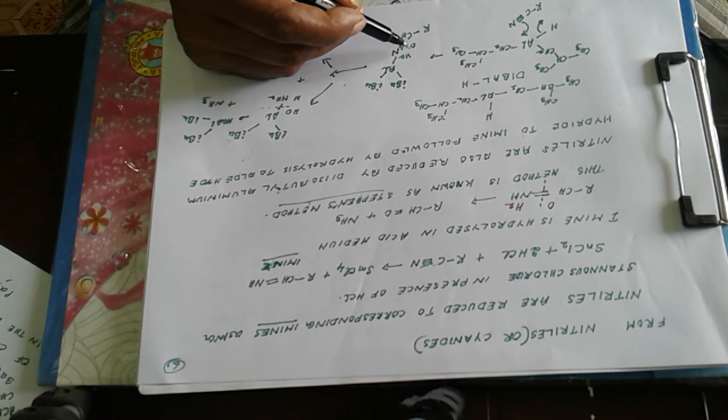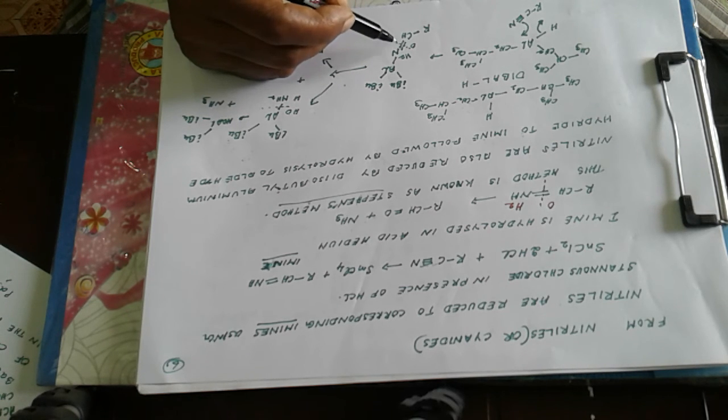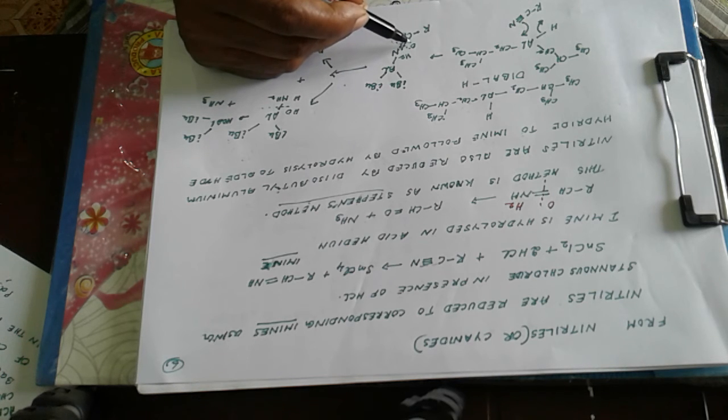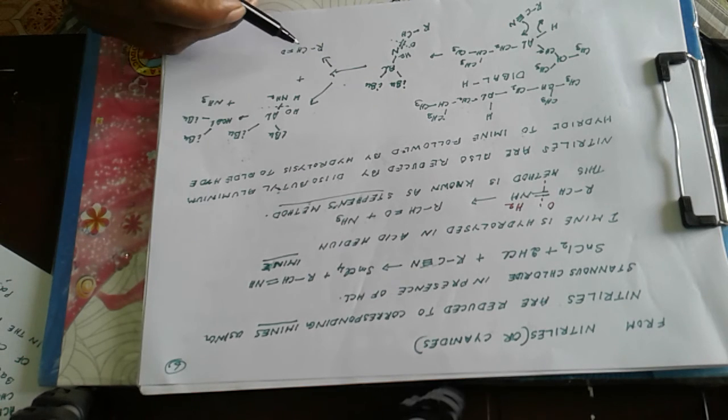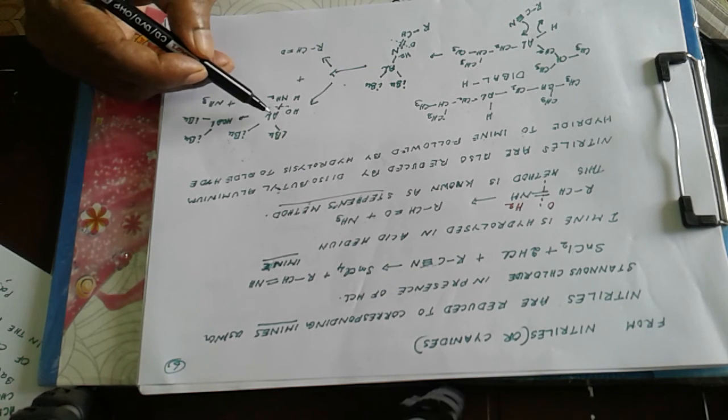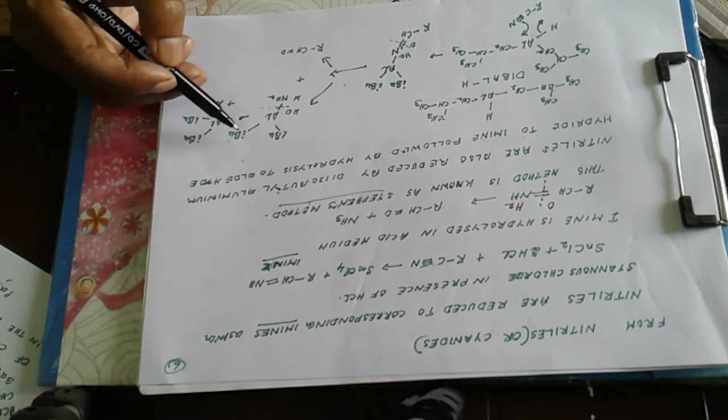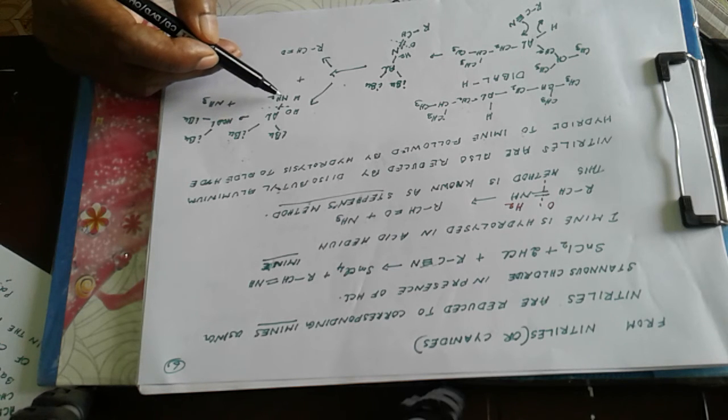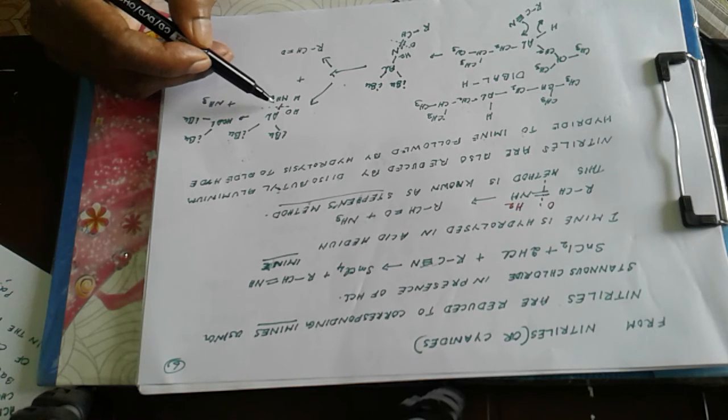Now this compound undergoes hydrolysis, H2 here, so that NH2 is formed, and O here, double bond O, we get RCHO, then Al, isobutyl, bond NH2 which undergoes hydrolysis.